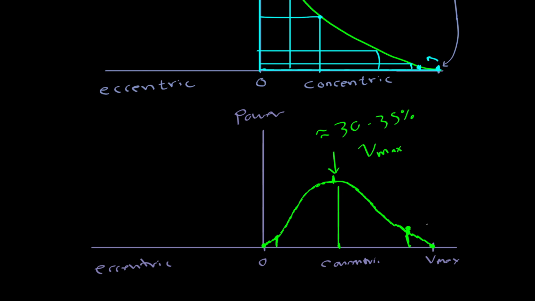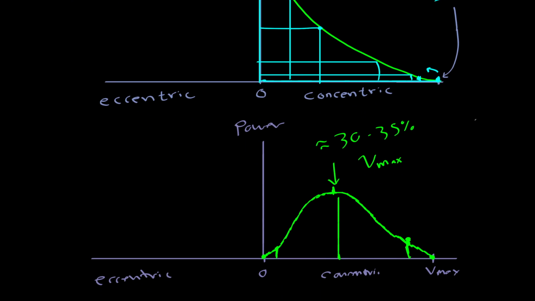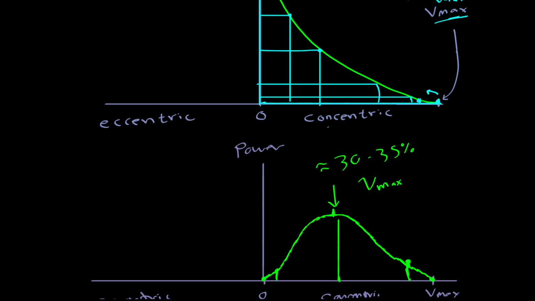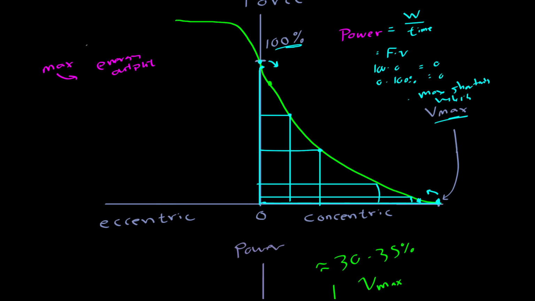You're moving too fast and you can't produce enough force to optimize your power output. So in a sport like cycling, this has important implications for what is the appropriate speed at which we should try to contract our muscles if our goal is to maximize our power output.